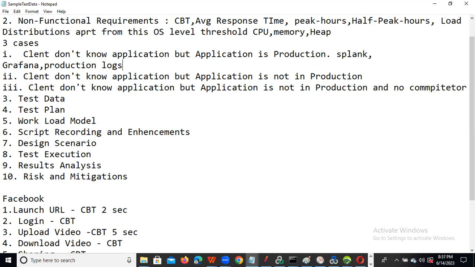Production logs, we can get by asking some particular team, like the EMS team or some configuration team. In the production log you need to identify, say, the launch URL and how many times it happened, then the login, and after that clicking on flight.